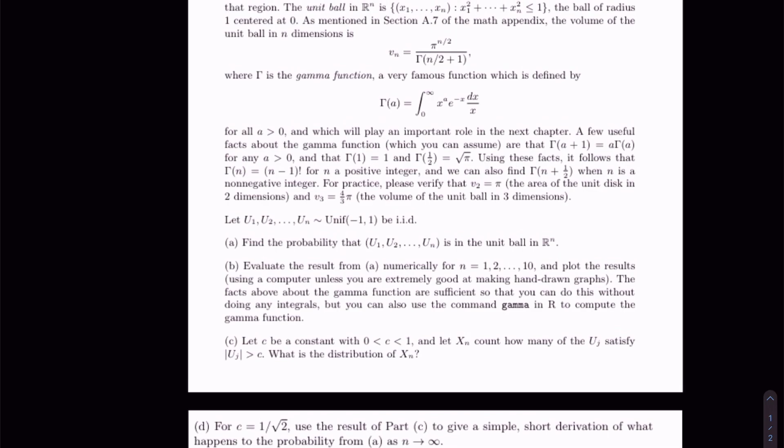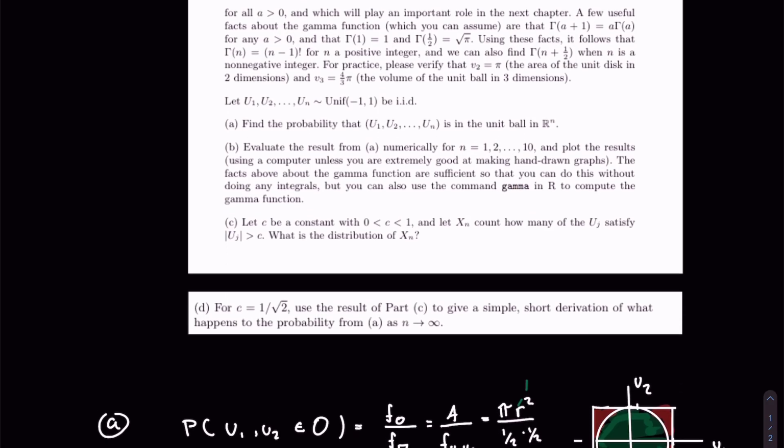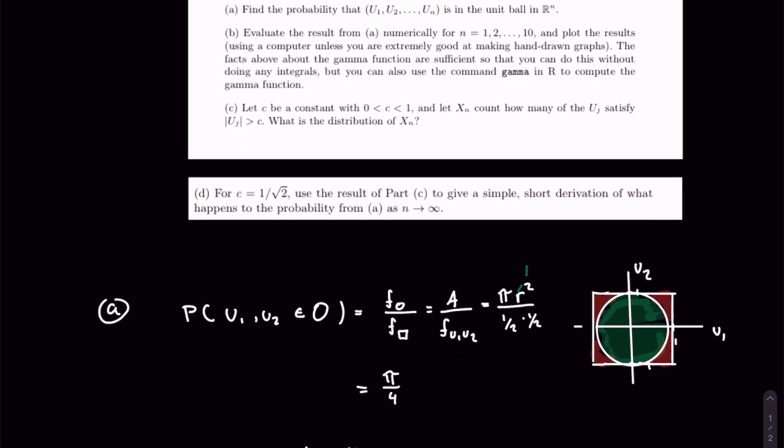Basically, there's a gamma function, and then you have a vector, call it 1 to 10. You write a function that takes this whole thing, and then plot for all those 1 to 10 n values.